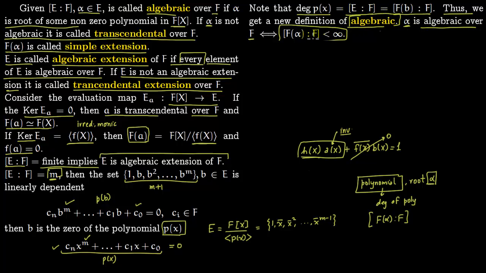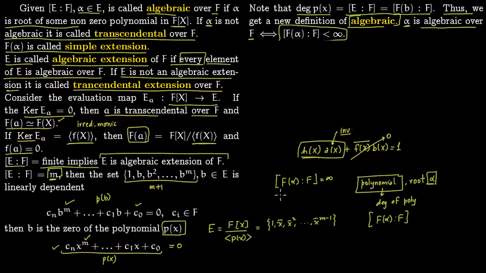So alpha is algebraic over F if and only if F(alpha) over F is finite. Obviously if alpha is not algebraic, that is, if alpha is transcendental, then F(alpha) over F is infinite, because basically there is no polynomial here. You can also see it from here.